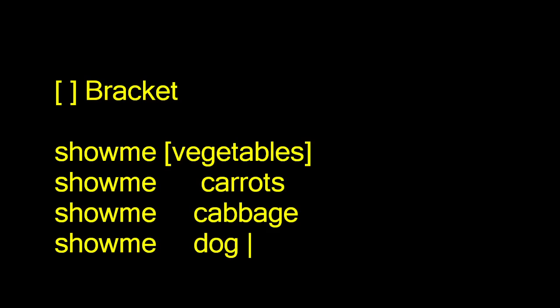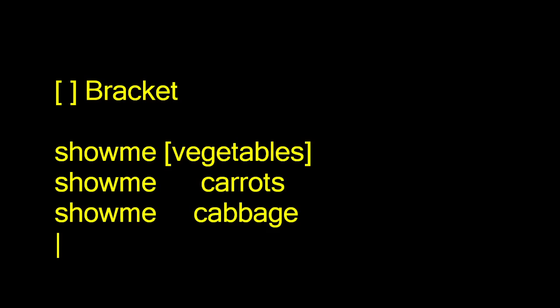That is a syntax error. This is wrong, because it's not asking about the dog. It's asking about vegetables. So in this simple syntax, you can type how many vegetables in the world.